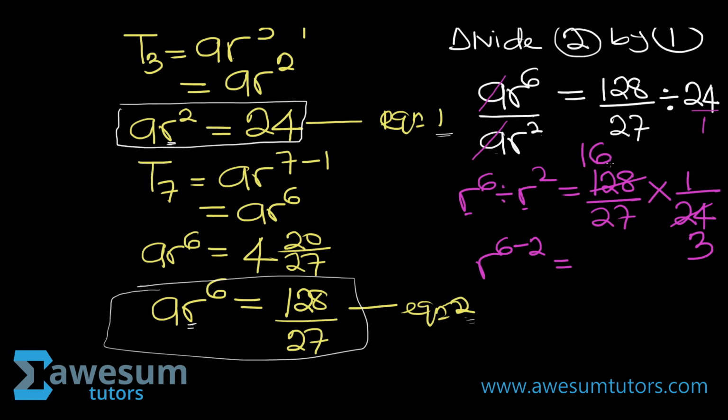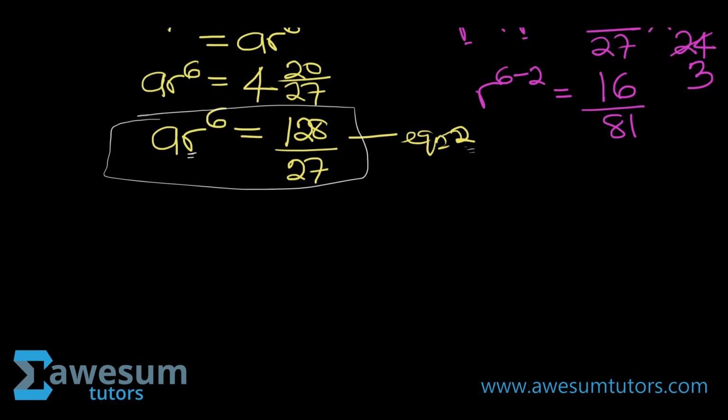So I have 16 times 1 is 16, over 27 times 3 is 81. Very good, guys. Let's simplify this further. This is now R raised to the power of 6 minus 2, that is 4. R raised to the power of 4 equals 16 over 81.